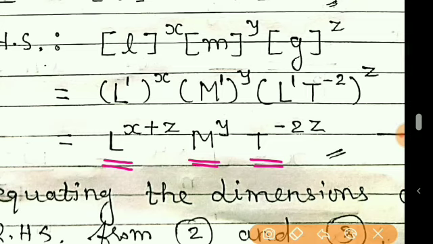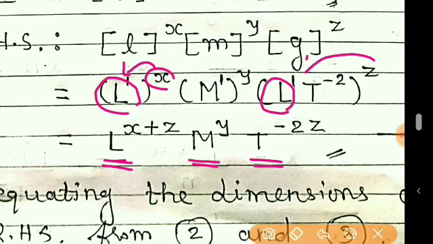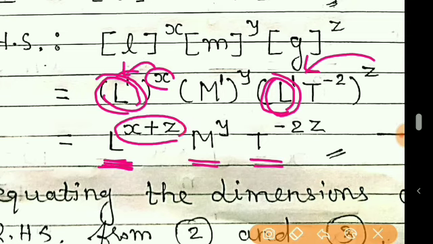Now for L, here the power is x, x into 1 is x only. There is one more L here, z into 1, z. So here the power of L is x and here the power of L is z. Combining these two powers, the exponent of L is x plus z.